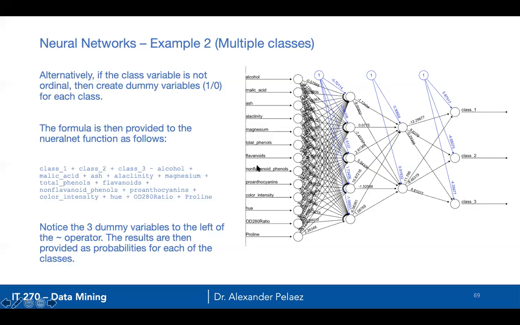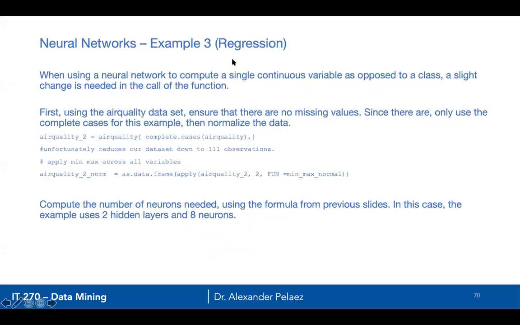Let me stop share. We're going to go back to the PowerPoint. Right here. Now, what we can do is we can actually use neural networks as a regression to predict a continuous variable. So in this case, we have a totally different data set. I've got this air quality data set. We're going to make sure that there's no missing cases, so we're going to see if there's complete cases.